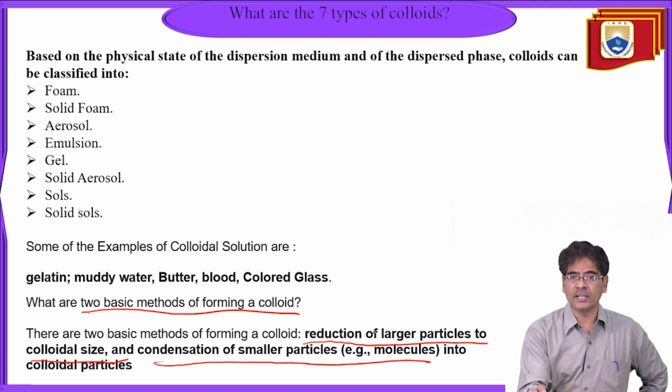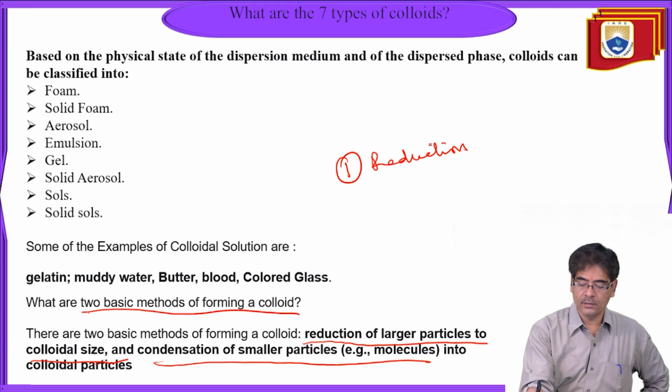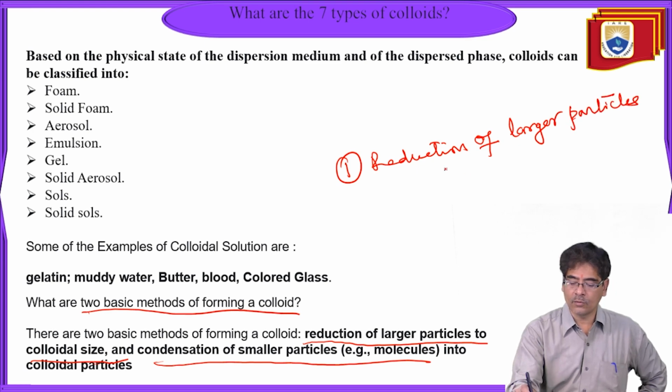There are two basic methods of forming a colloid. First one is reduction of larger particles to colloidal size.